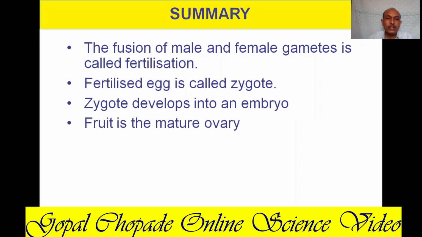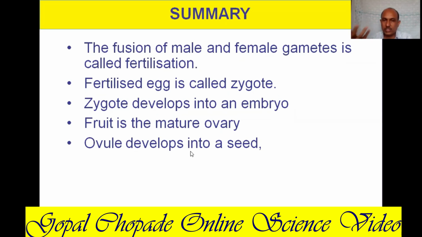Then the fruit is the mature ovary. Once the embryo is produced, the ovary also matures, and that ripened ovary is called a fruit. We have seen that a fruit may be fleshy and juicy like mango or orange, or it may be hard like almond or any nut, such as walnut.